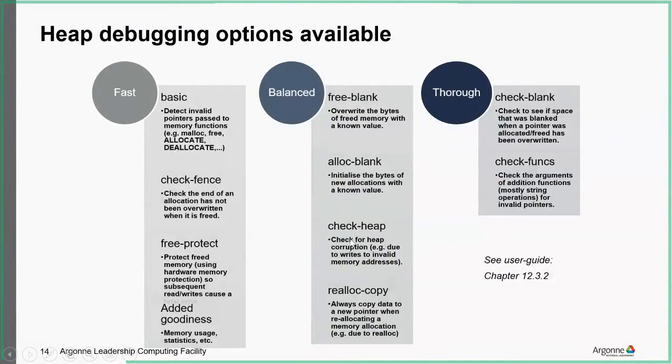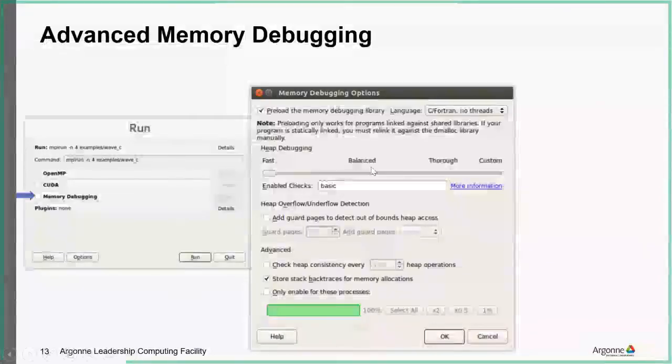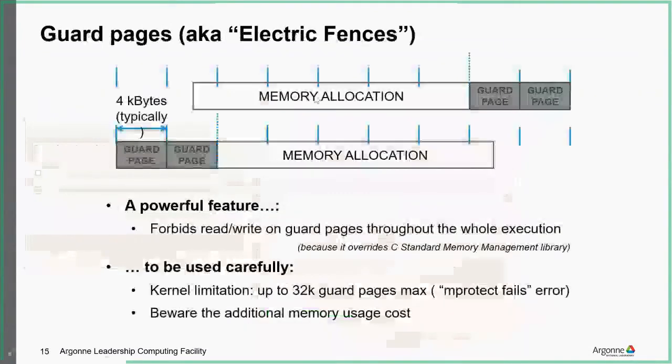Also, I do want to mention that in addition to these heap debugging checks, you can also turn on what's called guard pages. Most people are familiar with the term electric fence. That's essentially if you're touching memory outside of an array, more than it was allocated, DDT will stop you and tell you when that happens. Guard pages, also known as electric fences, reserve memory space after your actual allocations in your code.